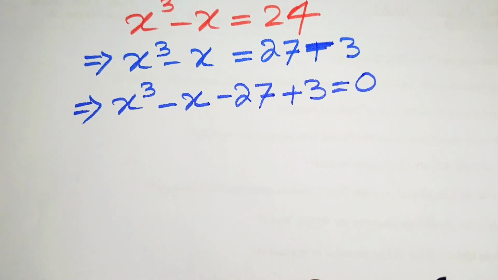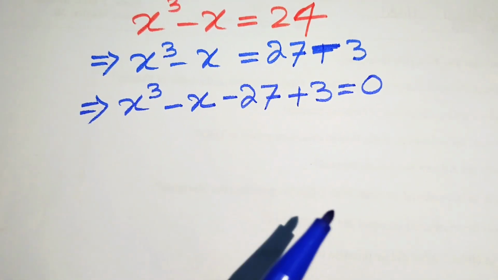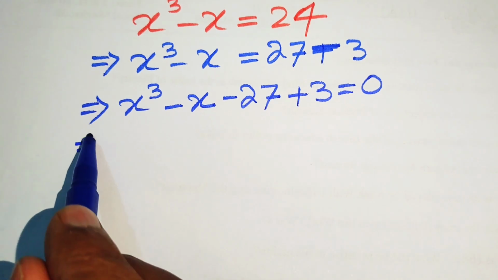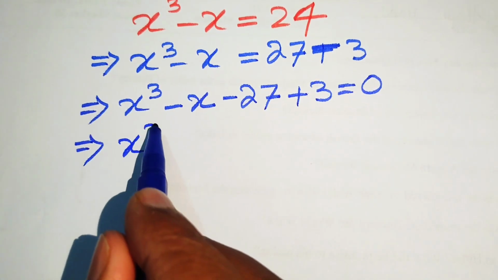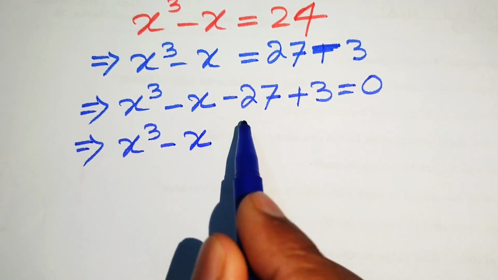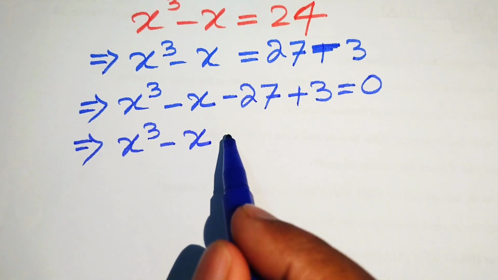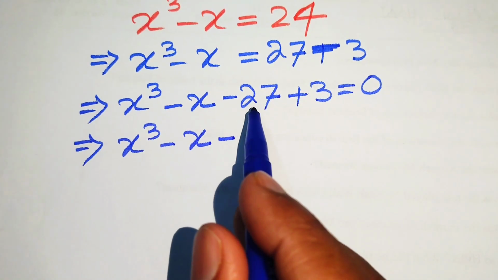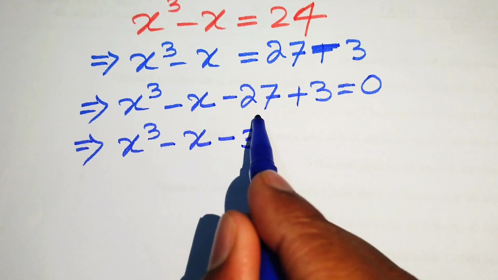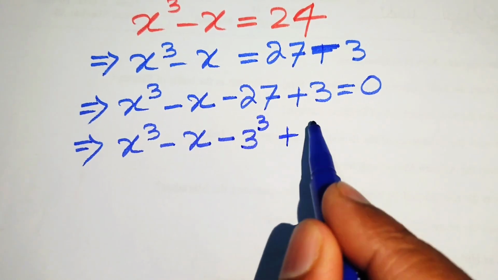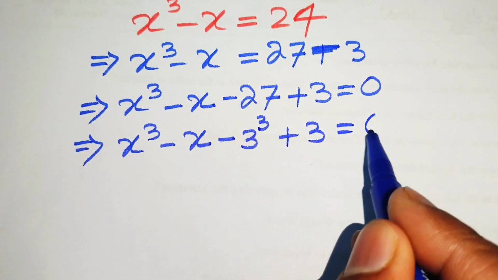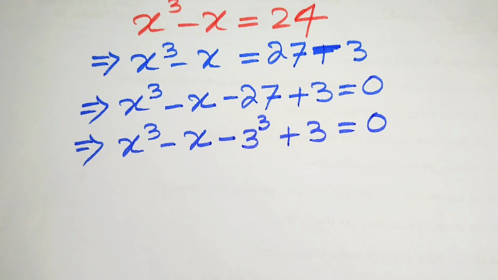Okay, so further we need to simplify this equation. We write this 27 in prime factor form. We know that 27 is 3 cubed, so x cubed minus x minus 3 cubed plus 3 equals 0.